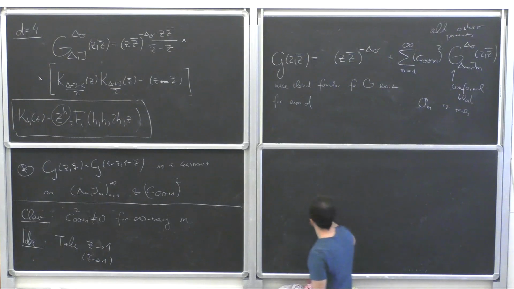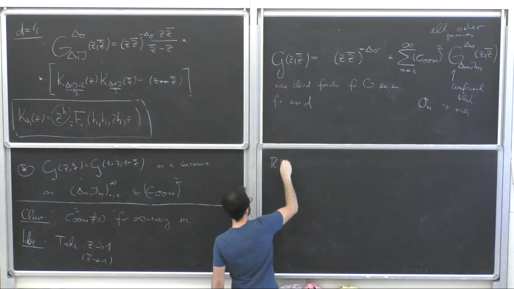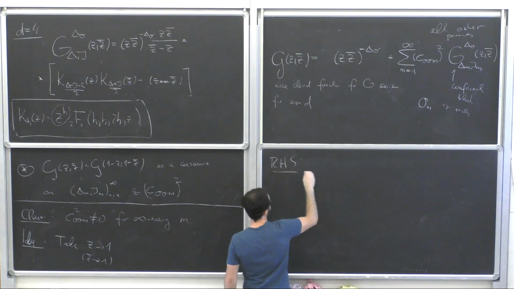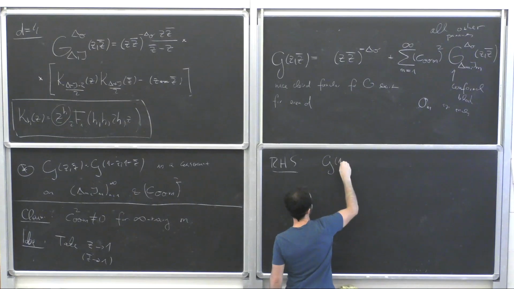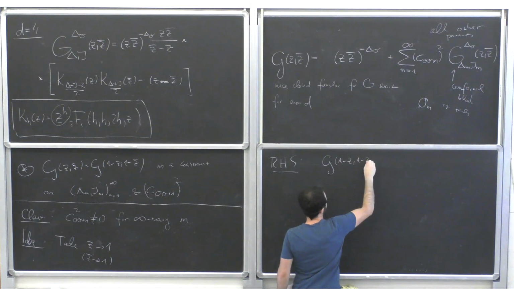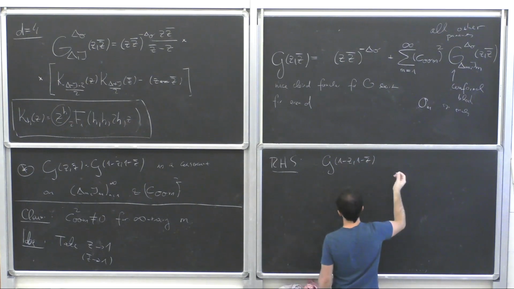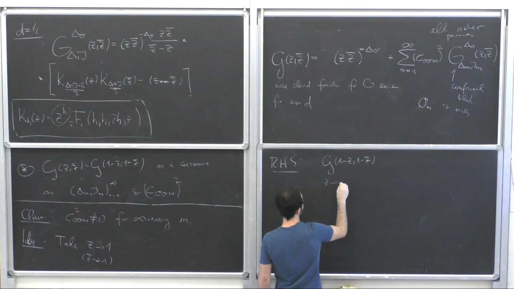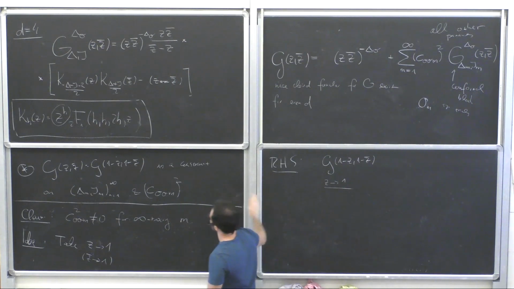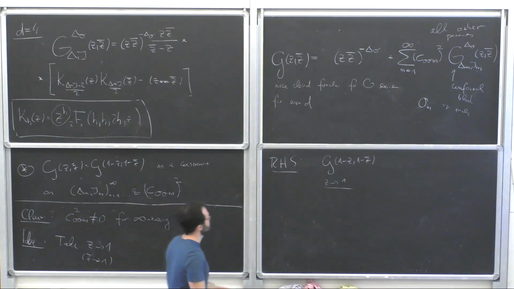So let's think about the right-hand side. Right-hand side is 1 minus z bar as z goes to 1. Okay, so that's over there.